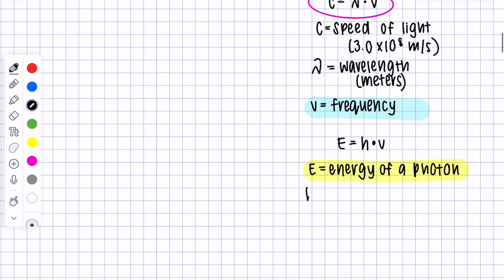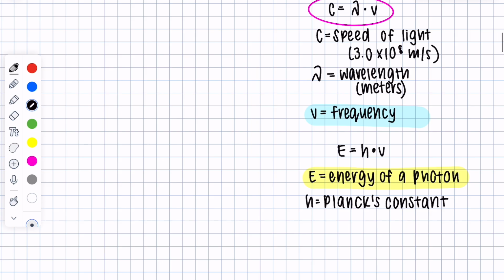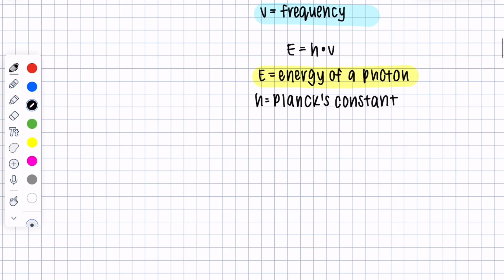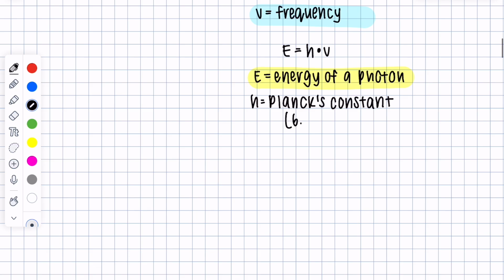And then we have h, which is Planck's constant. A constant is any number that is always the same. So in this case, we're just going to get whatever number Planck's constant is and plug it into the formula if needed. Planck's constant, we know from prior knowledge, is 6.626 times 10 to the negative 34th, and then our unit is joules times seconds.